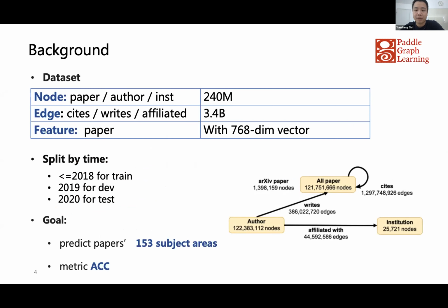We split the dataset by time, using all the data before 2018 to train the model, 2019 to evaluate, and 2020 to test. Our model needs to find the target subject area for paper nodes within 153 arXiv classes, and we use accuracy to evaluate our model.